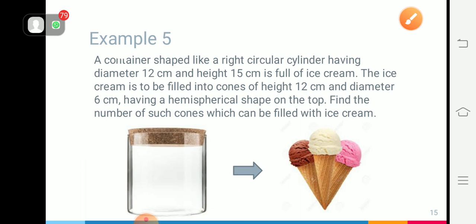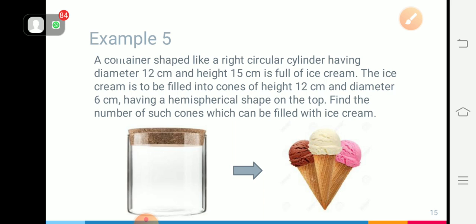The next example, a container shaped like a right circular cylinder having diameter 12 centimeter and height 15 centimeter is full of ice cream. The ice cream is to be filled into cones of height 12 centimeter and diameter 6 centimeter having a hemispherical shape on the top.